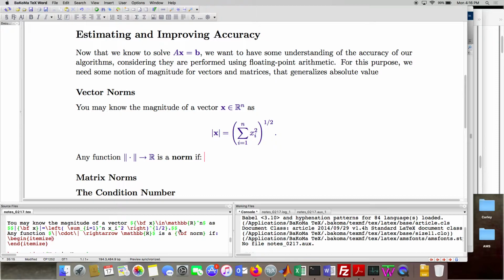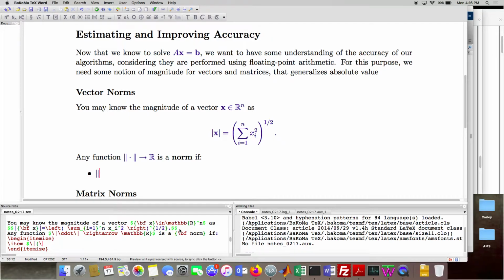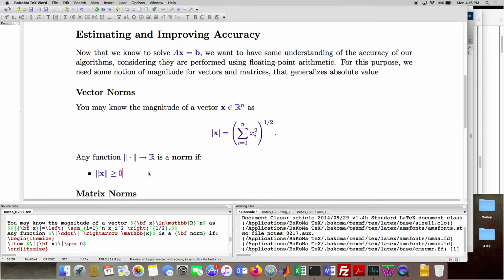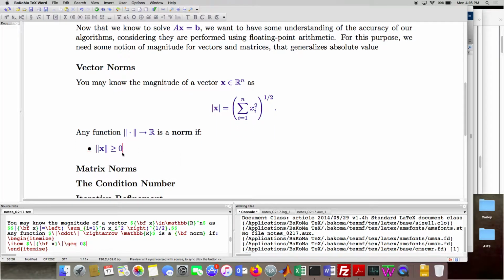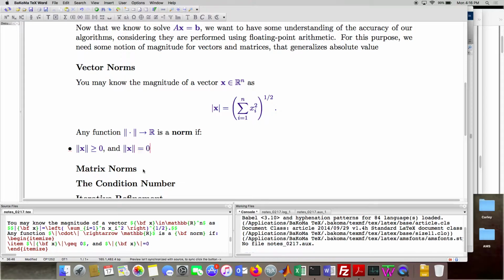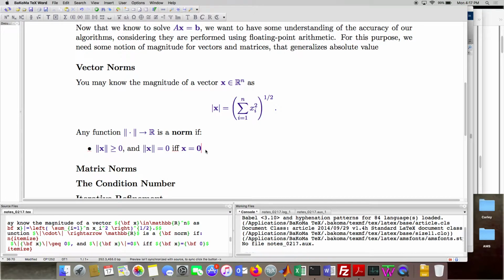All right, so there are 3 of them. So first, if you have any vector at all, the norm of a vector cannot be negative, and the only time that the norm is equal to 0 is if the x is actually the 0 vector.